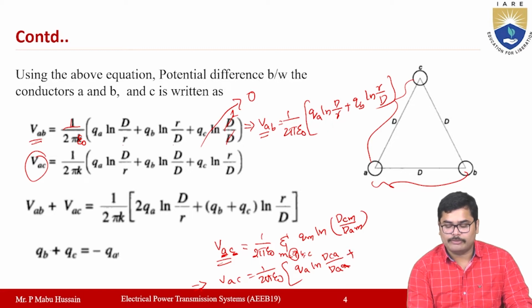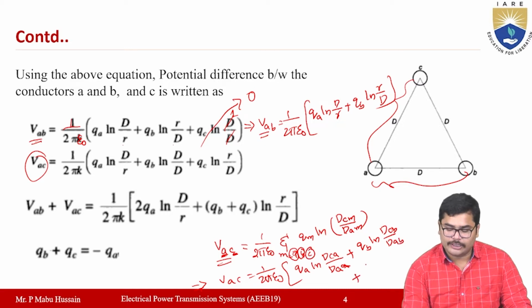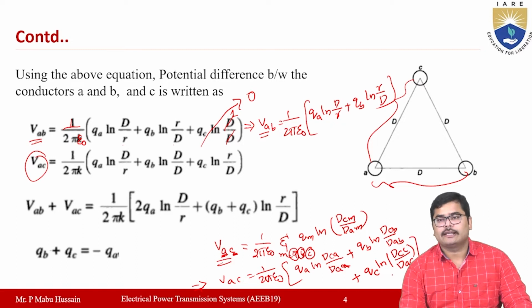Plus, if you substitute M equal to B, then QB ln DCB by DAB. If you substitute M equal to C, then you will get QC ln DCC by DAC. So this is the voltage equation between the conductors A and C.